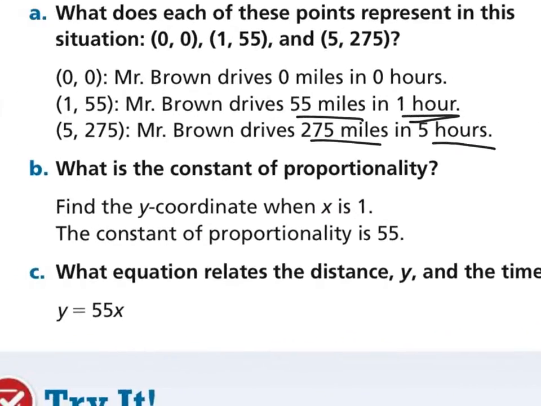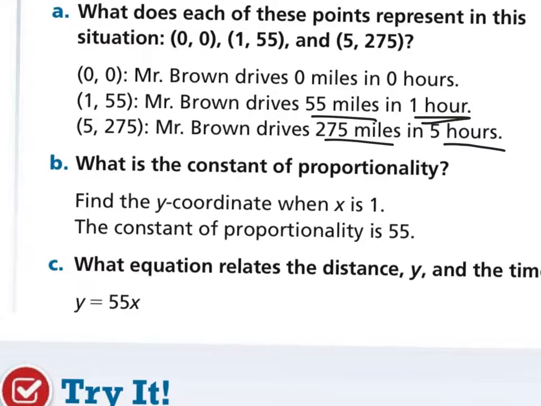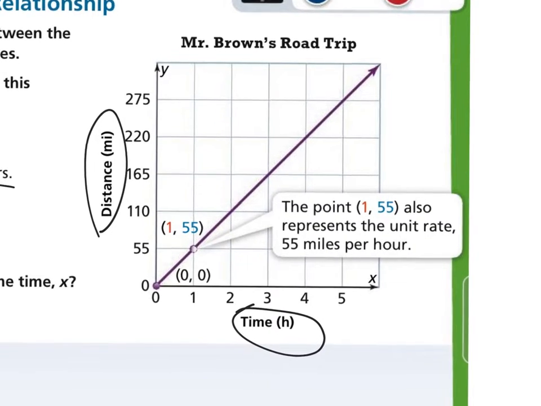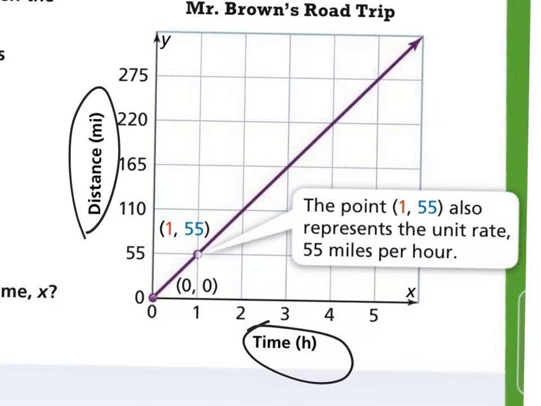The next question is, what is the constant of proportionality? What we're going to try to do is look for where x is 1. Where x is 1, that's going to be my unit rate, my constant of proportionality. Because that tells me after 1 hour, he went 55 miles.